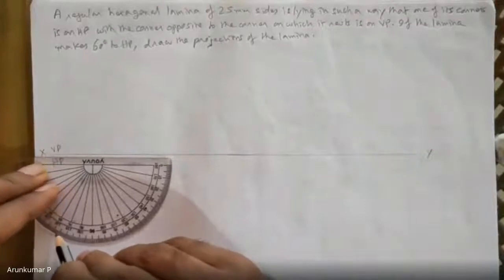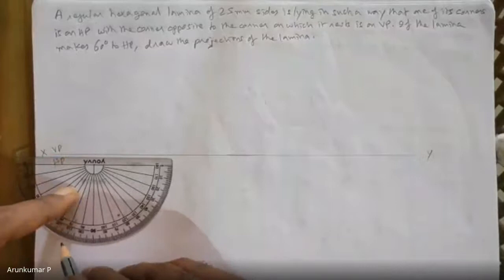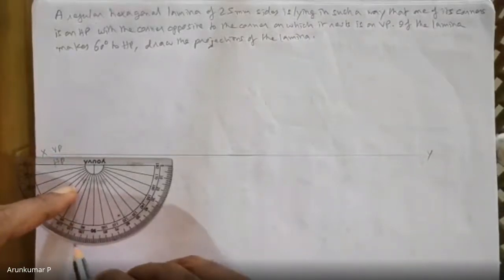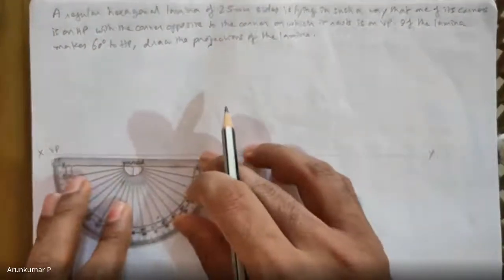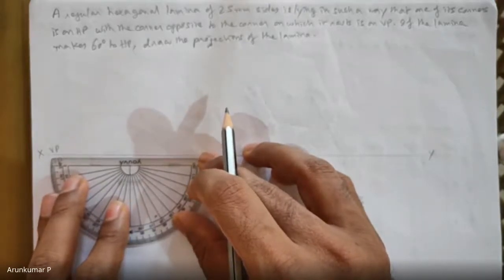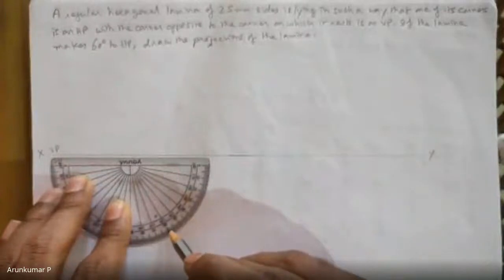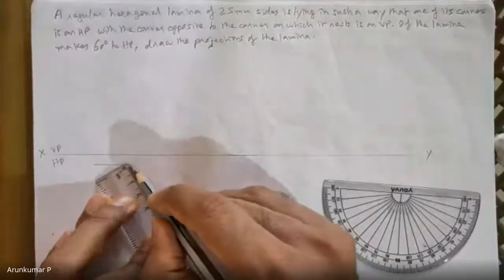So 120. So you can draw at 120 degrees a 25 mm line.